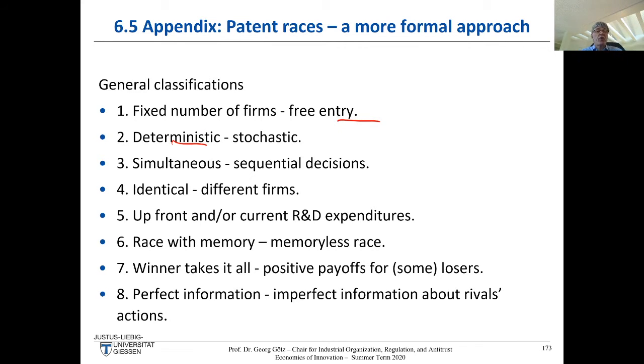We had models with simultaneous decisions and sequential decisions. We had identical and heterogeneous firms. We had upfront and current R&D expenditure. We had memory or memory-less races. We had winner-takes-all and positive or negative payoffs for some losers, perfect information about rivals' actions or imperfect information. I don't want to go into detail here.